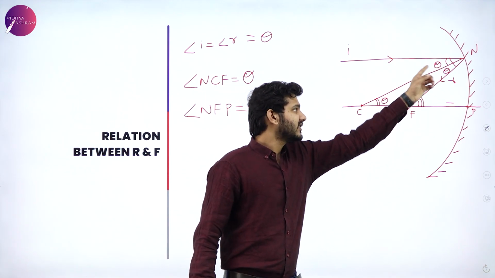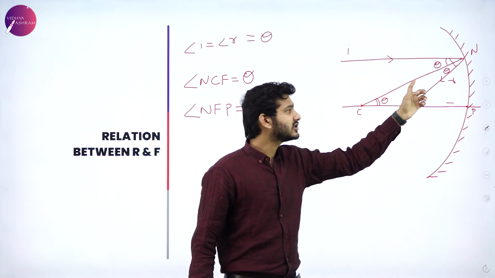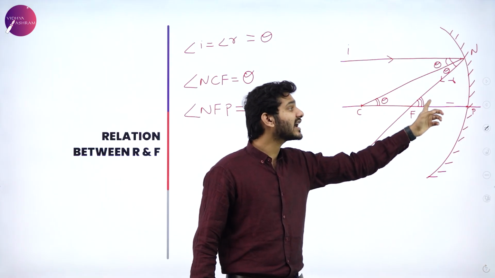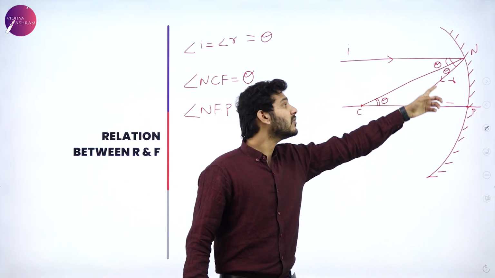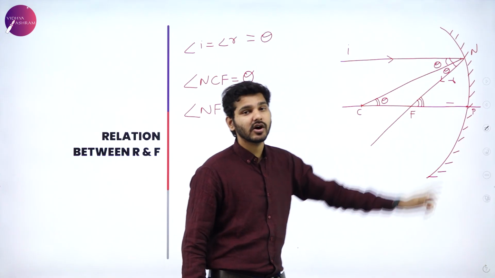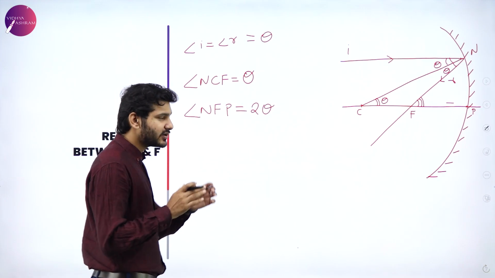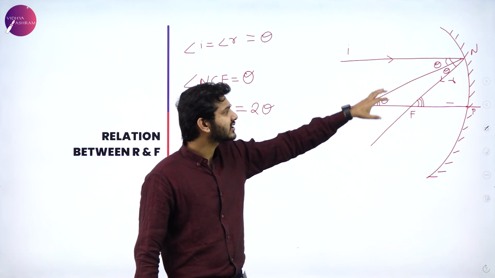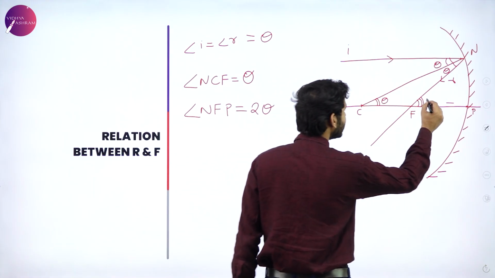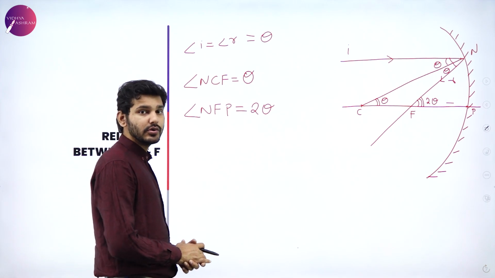If this is a triangle, its interior angles will be equal to angle A plus angle B plus angle C. Then its exterior angle will be equal to the sum of the two opposite angles, or it is theta plus theta, or simply 2 theta. So again, it's a simple geometrical relation and we found out the angles inside the triangle and outside the triangle. So this will be 2 theta.